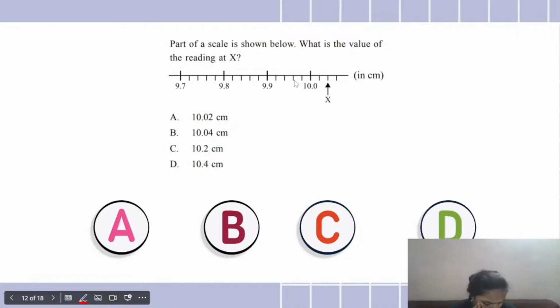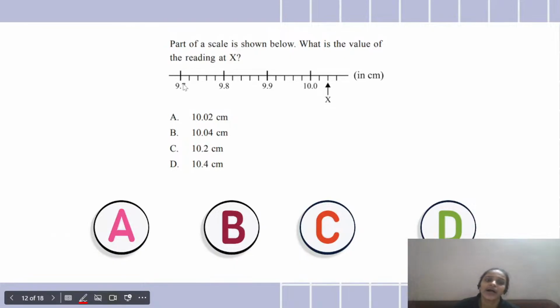Okay, Satish says option C. Okay, let's see. So here I have how many? One, two, three, four parts that it is divided in between 9.7 to 9.8.